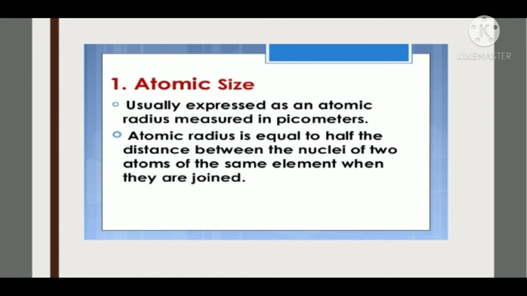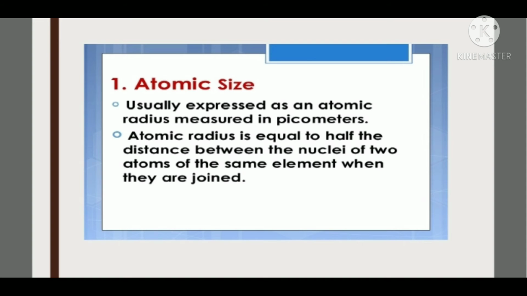The first trend is atomic size, usually expressed as an atomic radius measured in picometers. Atomic radius is equal to half the distance between the nuclei of two atoms of the same element when they are joined.